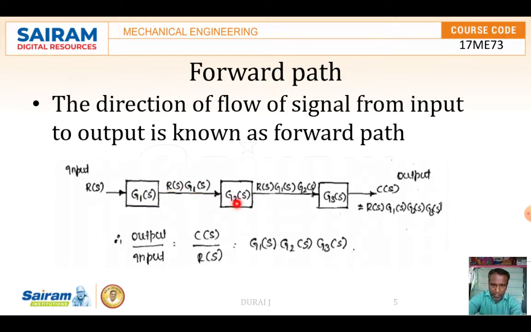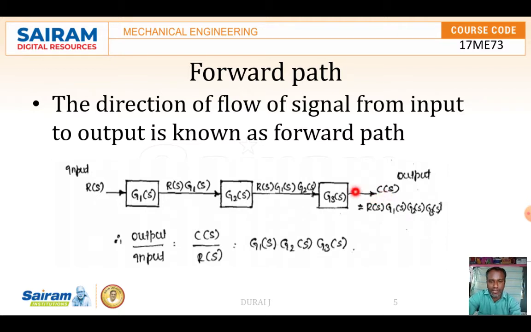For the next one, the input is R of S into G1 of S, the block is G2 of S, so the output is R of S, G1 of S into G2 of S. Like that with G3 of S, this will be the input, and the output is R of S, G1 of S, G2 of S into G3 of S. If there are so many blocks, the signal goes through, finds the value, comes as output, and again finds a value, and finally becomes the output.